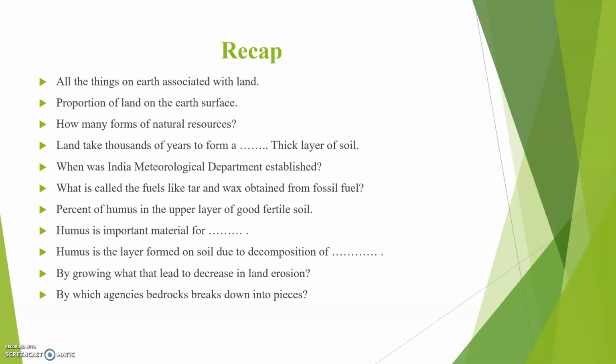Humus is the layer formed on soil due to decomposition of dead plants and animals. By growing what do we decrease land erosion? By growing grasses, bushes, then trees, we can reduce the erosion of soil.